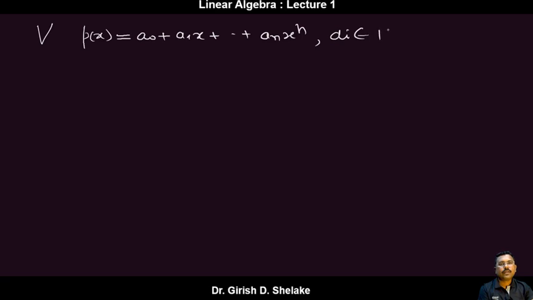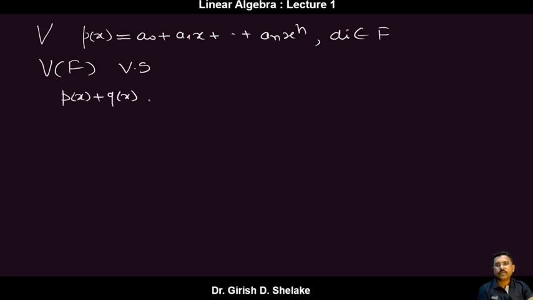Now we consider another example of vector space. Let capital V be the set of all polynomials over F of degree n. That is, p of x is equal to a naught plus a1 into x plus, and so on, an into x raised to n, where these ai's are in capital F. Then V over F is a vector space with respect to addition defined as p of x plus q of x.